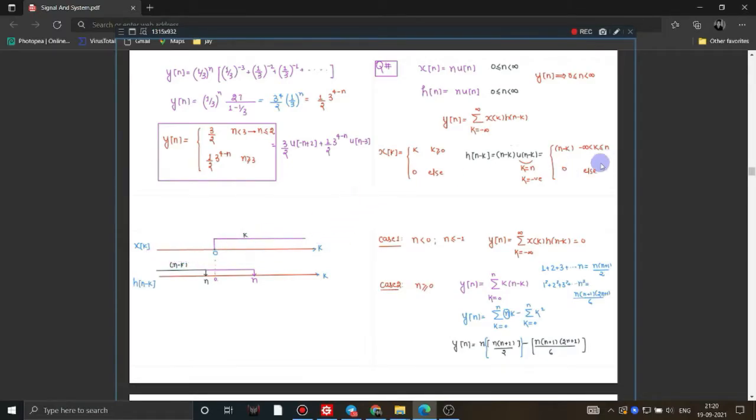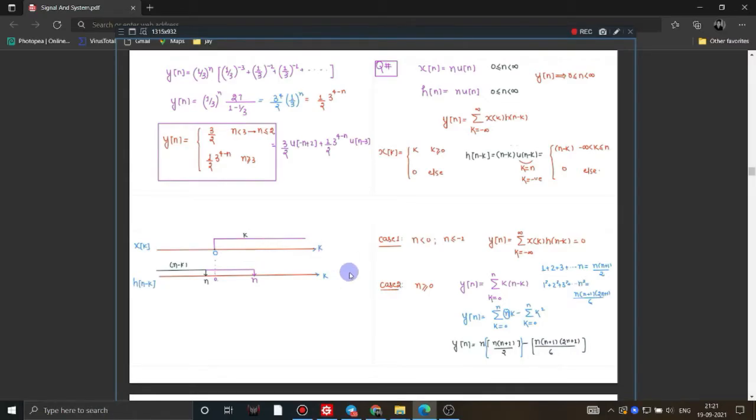And for hn minus k it is n minus k from minus infinity to n. But we do not know whether this n is less than 0 or greater than 0. Okay, so it is discrete.